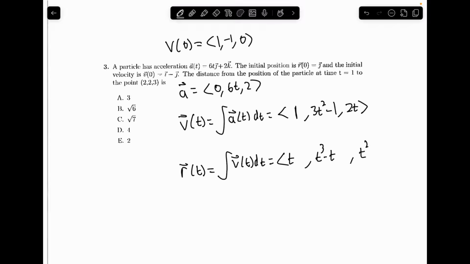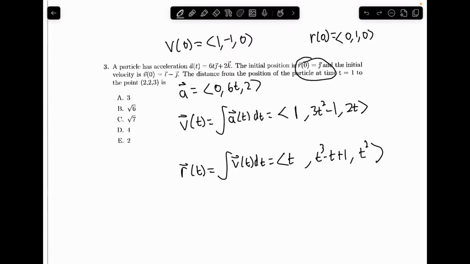We have r of 0 equal to 0, 1, 0. So we're not going to have any constants for the first or third component, but for the second, plugging in 0 gives 0, so we just add a 1. That's our constant. Quick check: we plug in 0, everything drops, so we just have 0, 1, and then 0 for the last component. That works out. Always good to check that way.